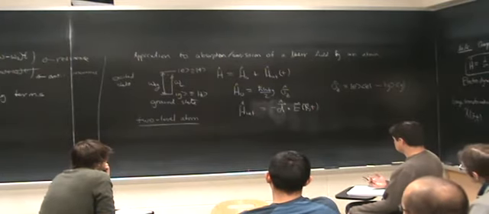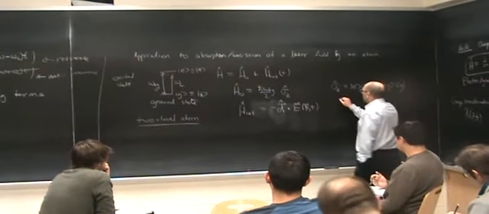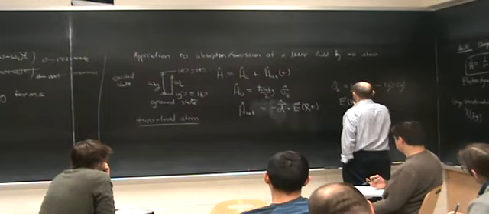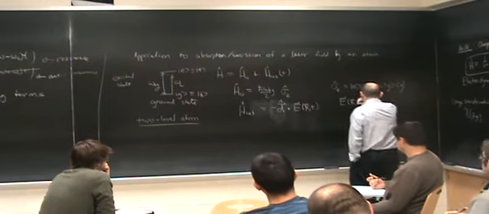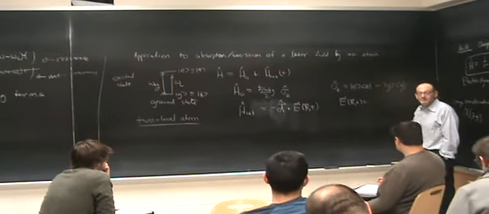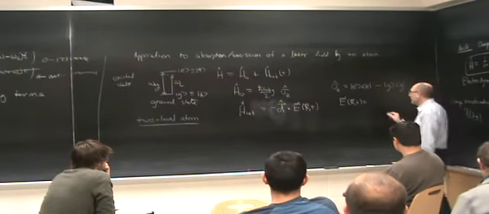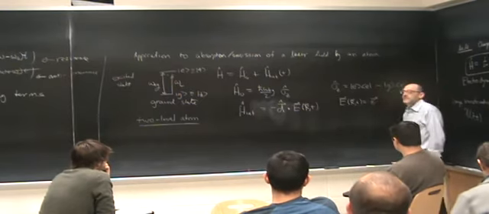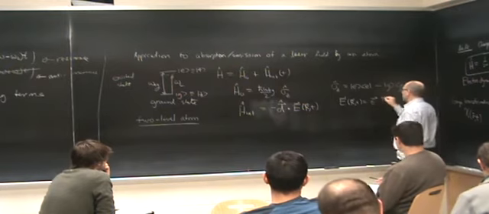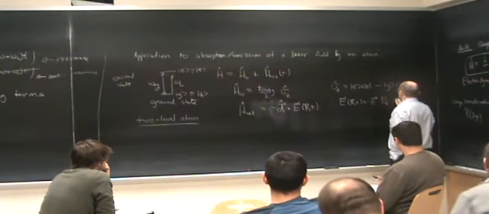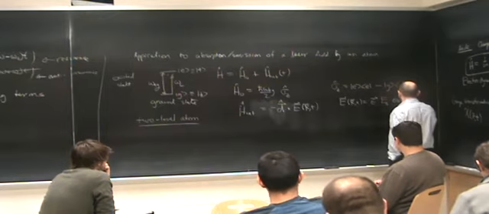Okay. And my electric field, let's take it to be a plane wave. We'll approximate our laser beam as a plane wave with some polarization direction, some amplitude, and it's a wave.